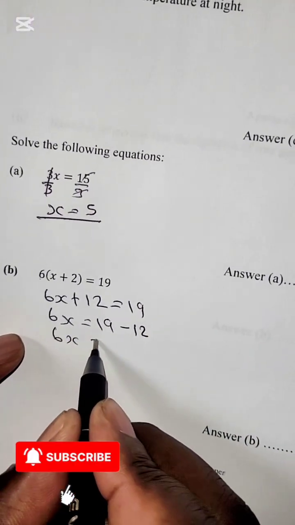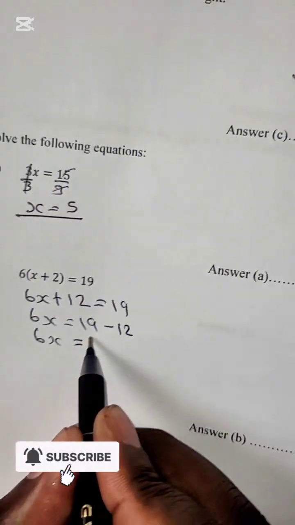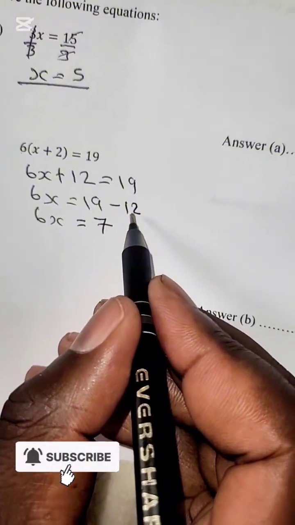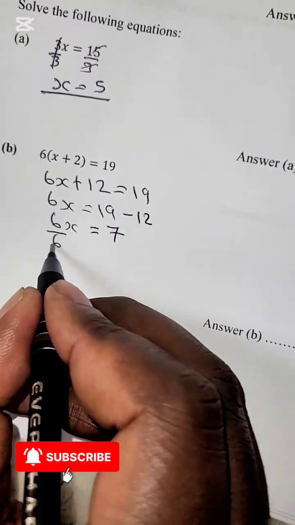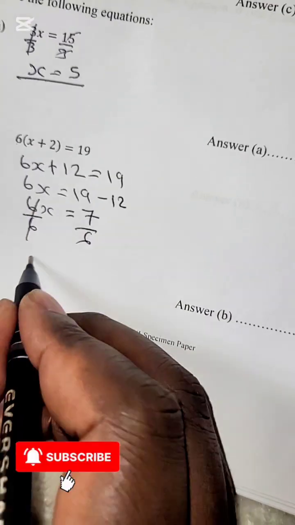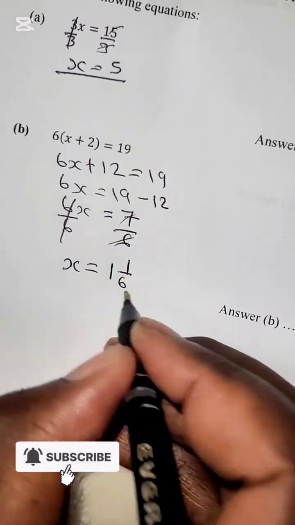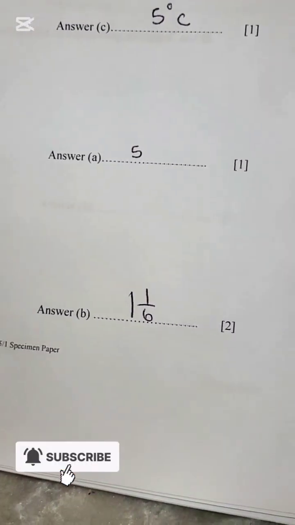So 6x = 7, since 19 minus 12 is 7. We divide by 6 on both sides, so x = 7 over 6, which is 1 and 1 over 6.